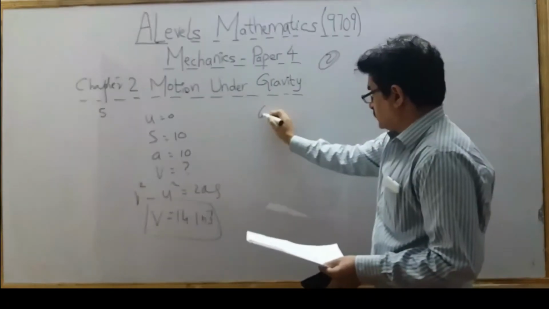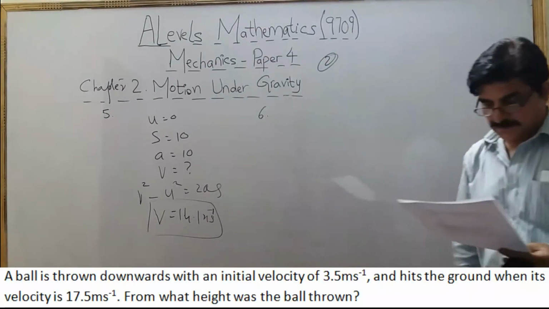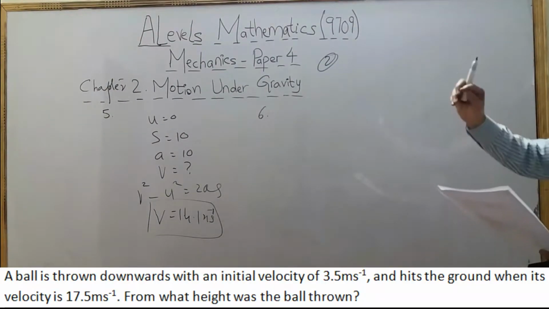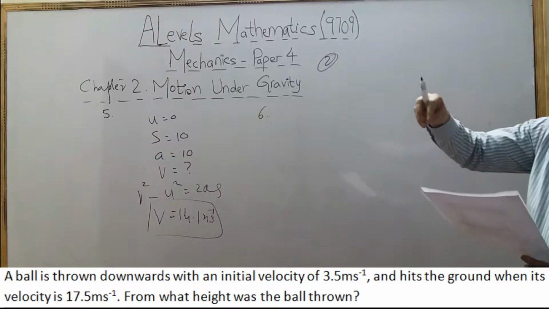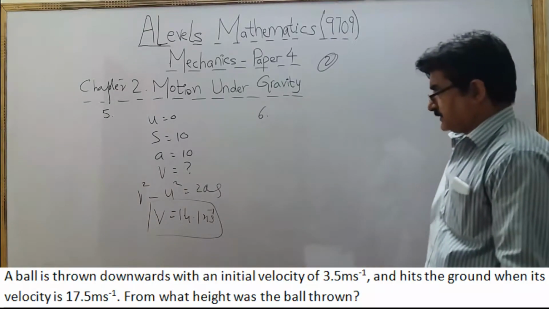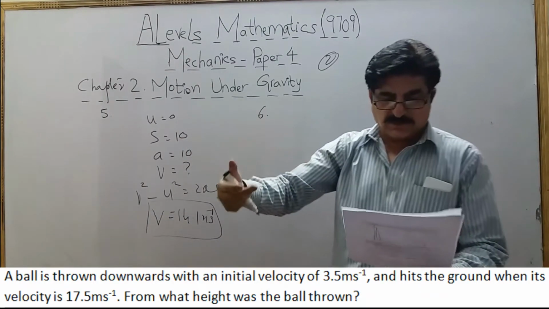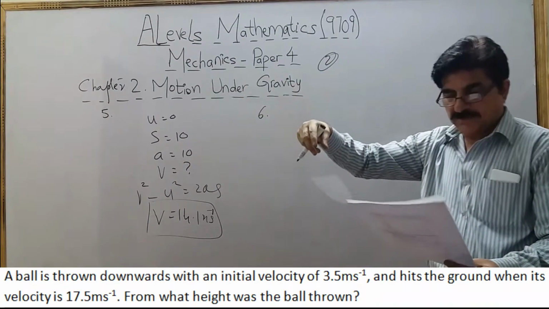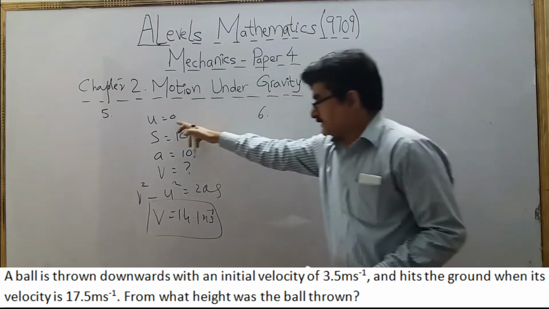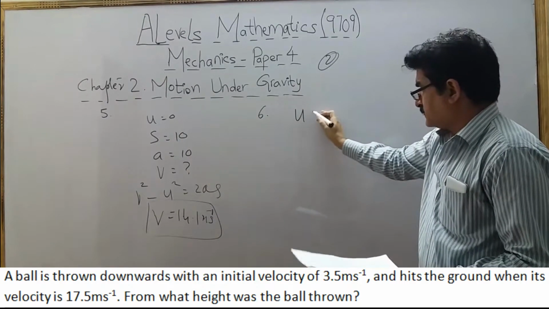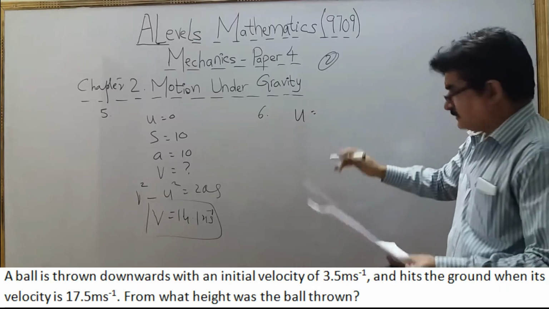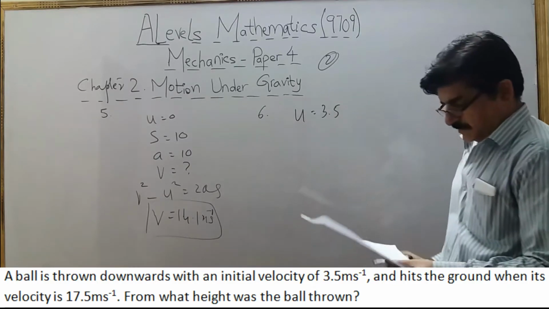Then we have example 6. Please read it again. A ball is thrown downwards with an initial velocity of 3.5 meter per second. Earlier we were told that the ball is dropped from rest, so initial velocity was 0, but here it is thrown with an initial velocity of 3.5.